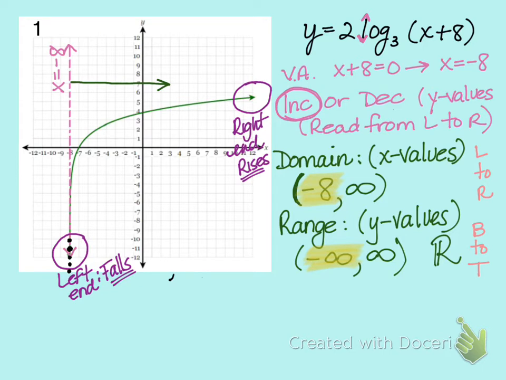But what I'm asking you is to tell me, well, what kind of behavior are you seeing at that left end? So in order to describe that behavior, I need you to give me what's happening at the x and what's happening at the y, okay? Well, on each one of those values that I just plotted, those black dots, what is the x looking like at the first dot and at the second dot? So what I'm talking about is, what is the x value for this one? What was the x value for this and for this and for this consistently? Well, each one of those x values looks like to have an x value of -8 every single time.